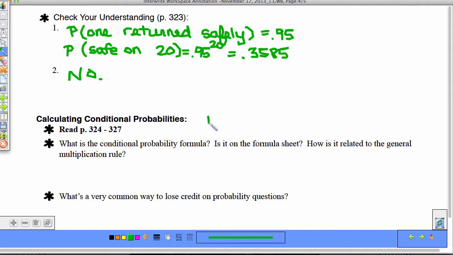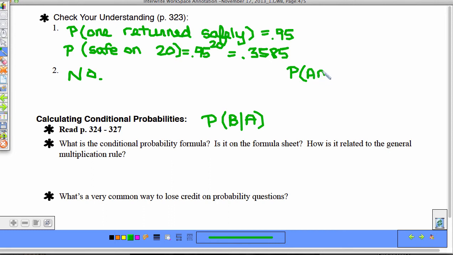What if we're calculating conditional probabilities? Let's say we calculated probabilities by using the probability of B given A, but what if I need to know the probability of B given A? I can think about it in terms of the same formula.